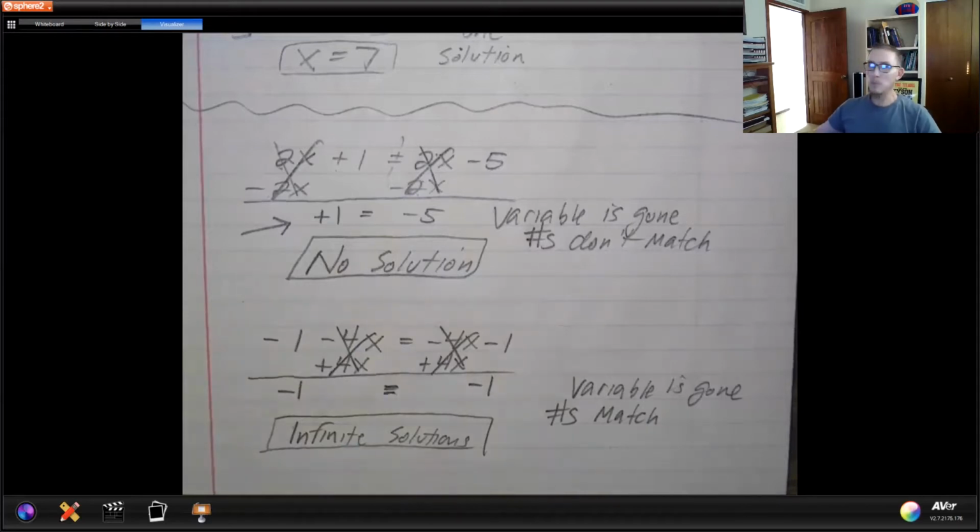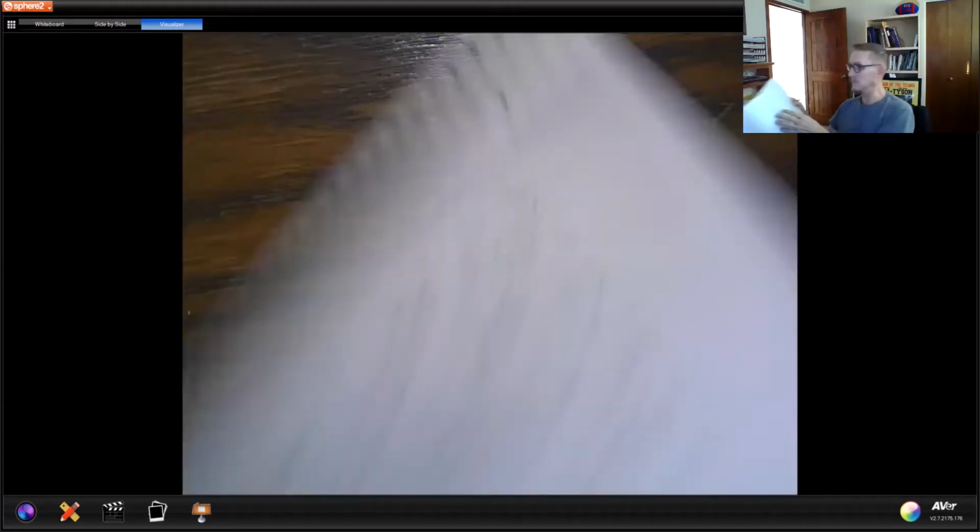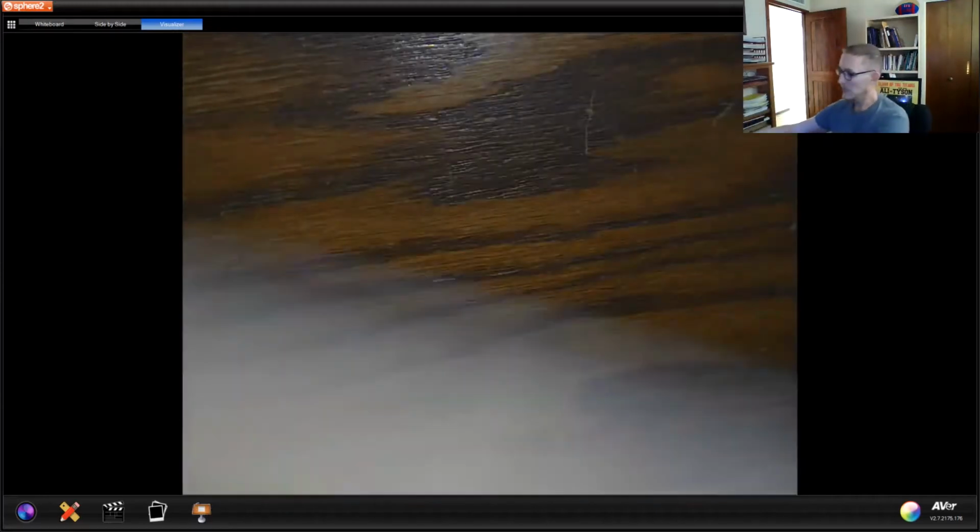Now, there's going to be one other piece to this that we have to look at, and that's going to be an IXL section. And within that IXL section, it's going to want to look at how can I manipulate an equation to make it be a no solution or make it be an infinite solution. And so you're going to have to fill in the blank in order for that to happen.